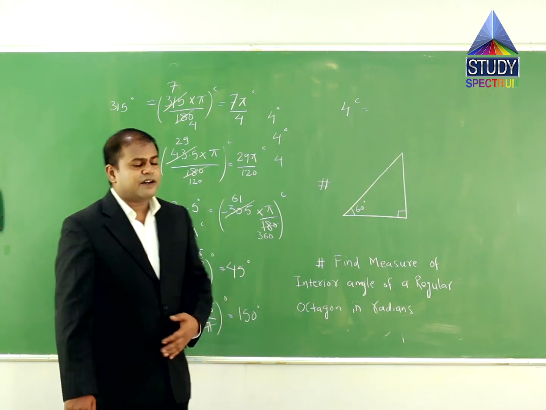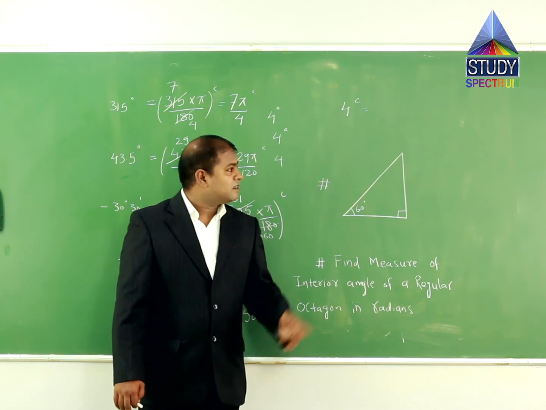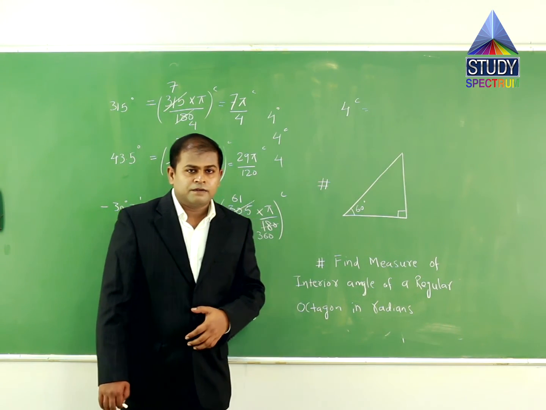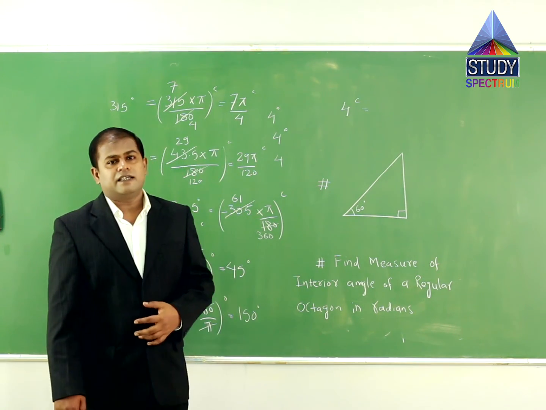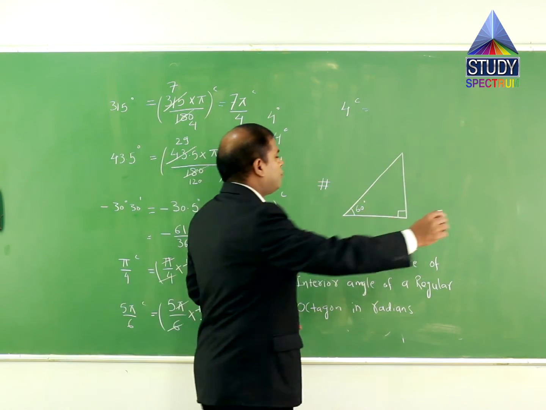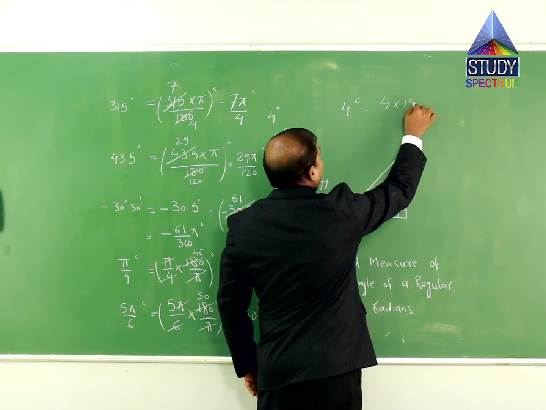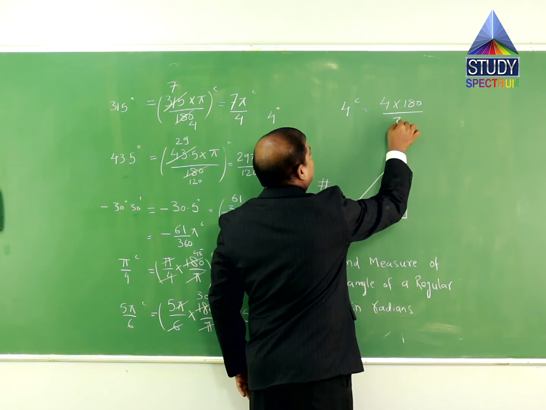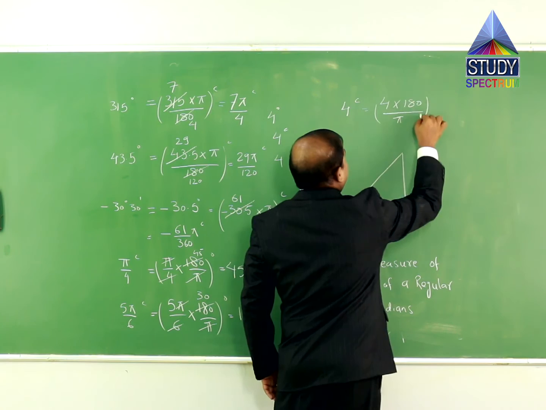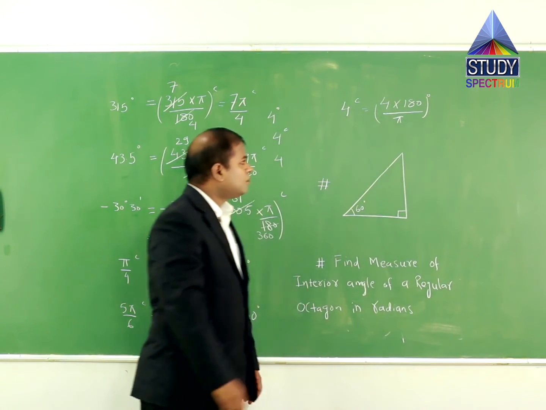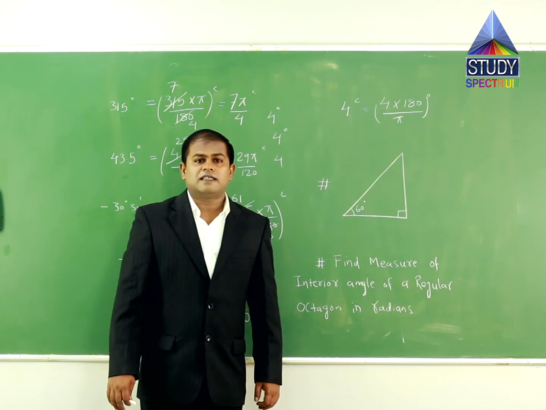So here we have a radian measure of an angle, and that is 4 radian. Question is what will be the degree measure of this? So 4 radian is equal to 4 into 180 by pi degrees.